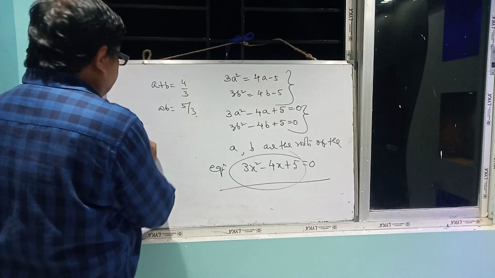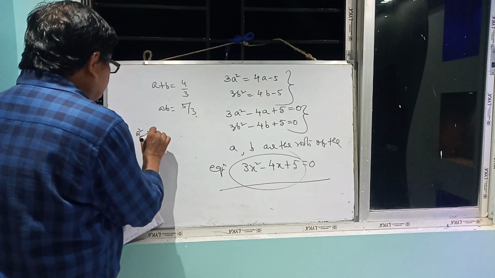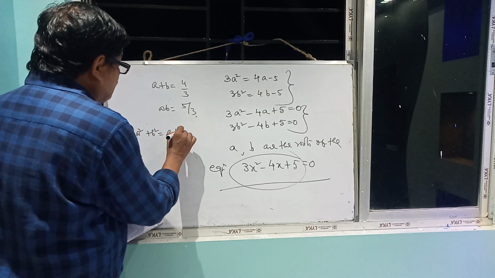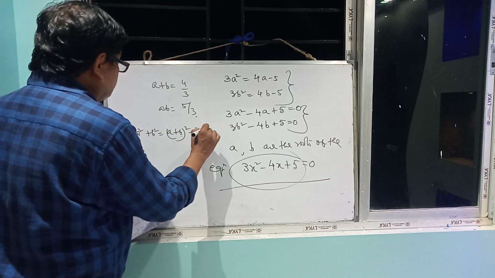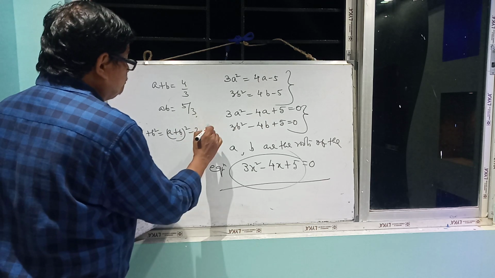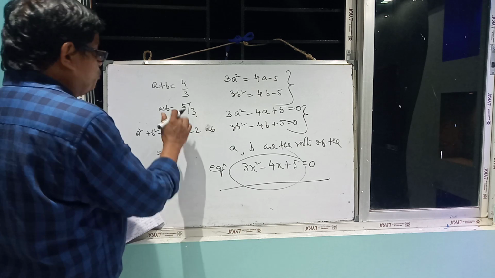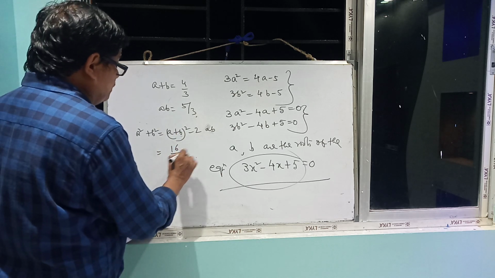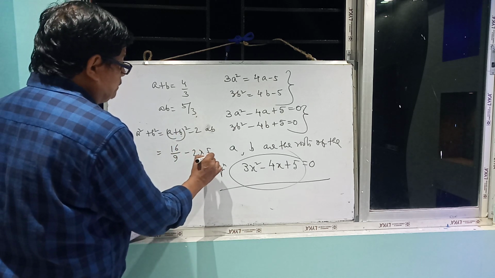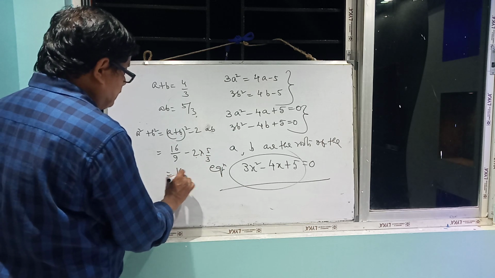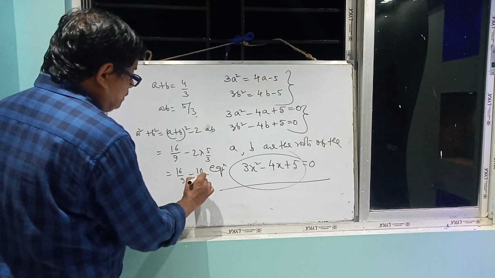Okay, so a square plus b square you can write as a plus b whole square minus 2ab. So a plus b is 4 by 3, squared is 16 by 9, and 2ab is 10 by 3. So 16 by 9 minus 10 by 3.